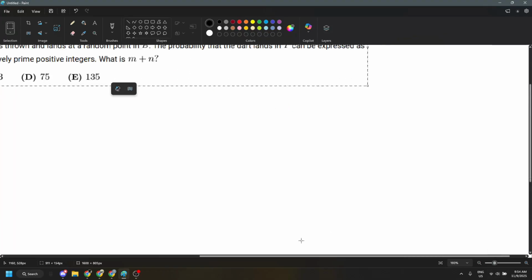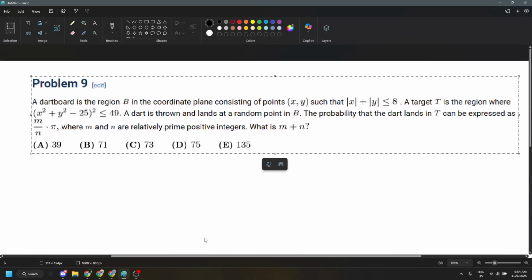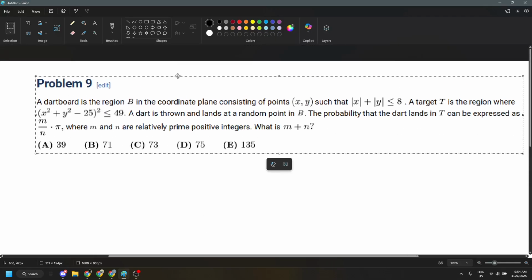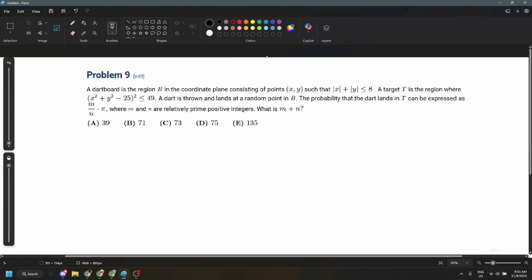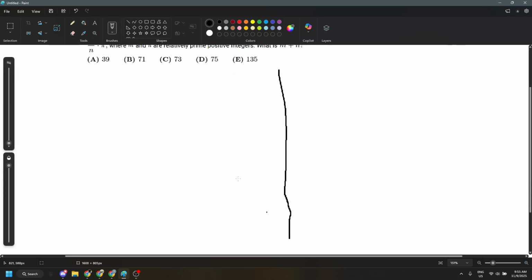So this is an AMC 12 problem. I forgot from what year and what one, but the dartboard is the region B in the coordinate plane consisting of points x, y such that the absolute value of x plus the absolute value of y is less than or equal to 8. So if we look here, it's going to look like this.